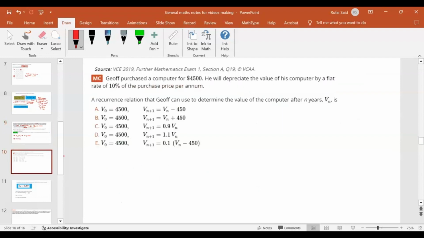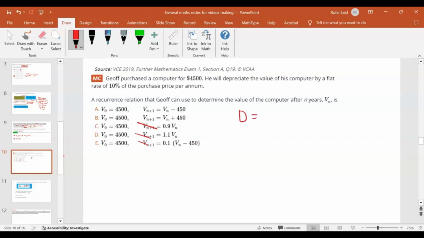All right, let's have a look at another example based on the same concept of flat rate. This is an exam question, and we need to find out which is the correct one. It's not going to be any of these because those are geometric. It's either this or that, and it has to be minus.